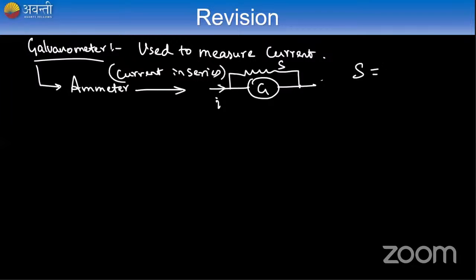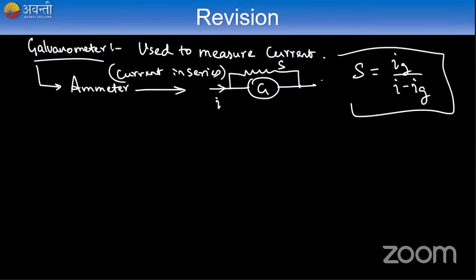Come on, guys, I'm waiting for a response. So S is equal to Ig by I minus Ig, correct? Sorry, S is equal to Ig into G by I minus Ig. This is the shunt resistance.